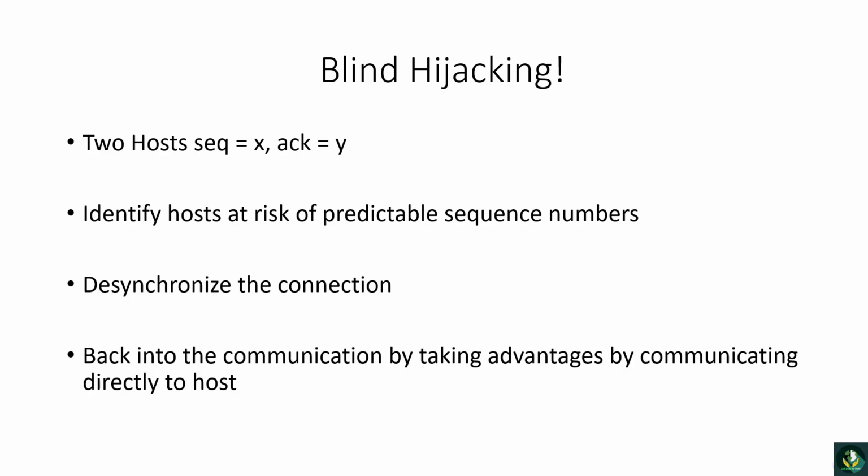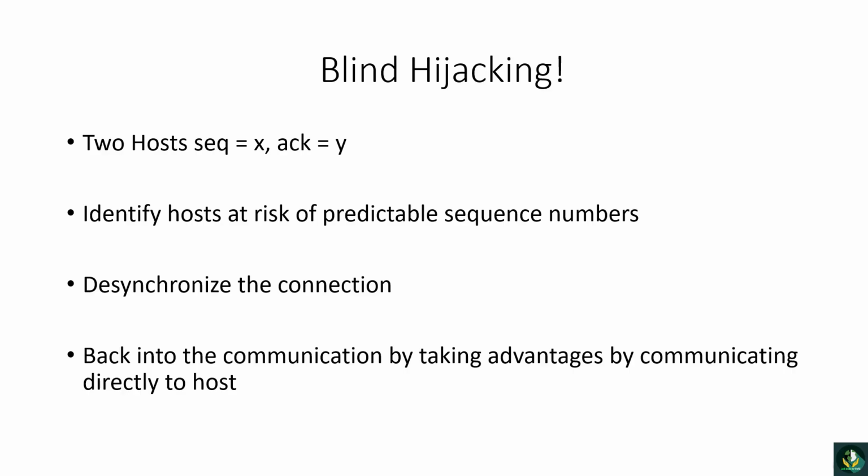Once the attacker has successfully desynchronized the connection, they can then insert themselves back into the communication by taking advantage of the predictable sequence number, and communicate directly. The host and the server synchronize with the attacker so that they can resume the communication themselves.